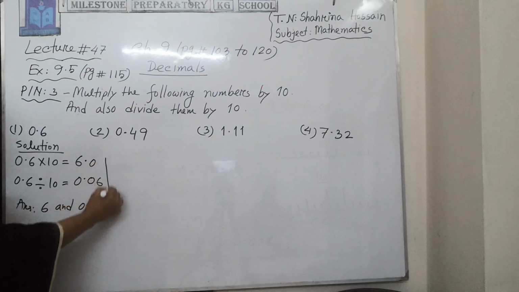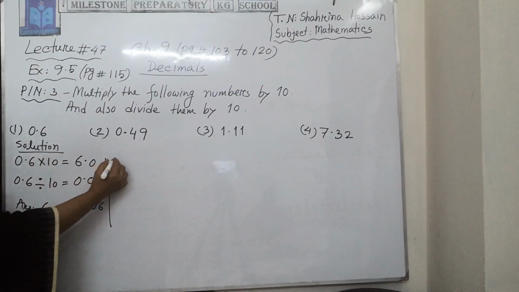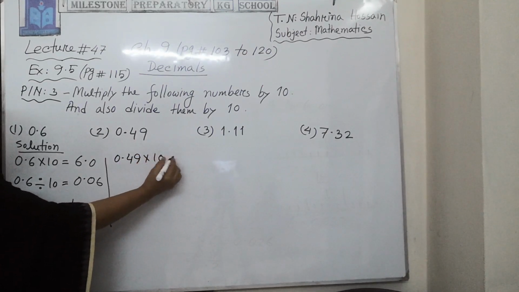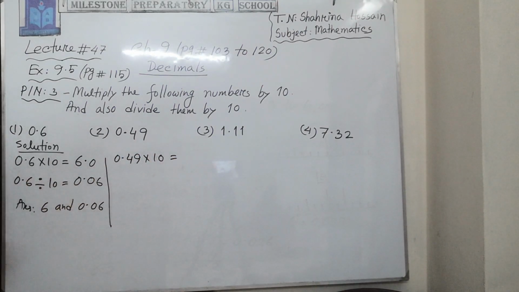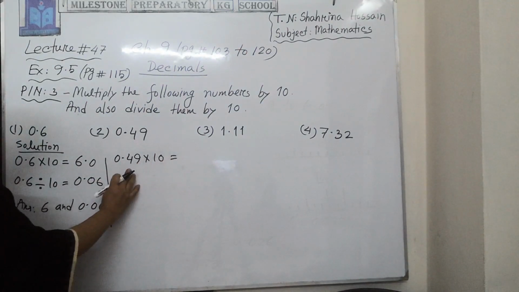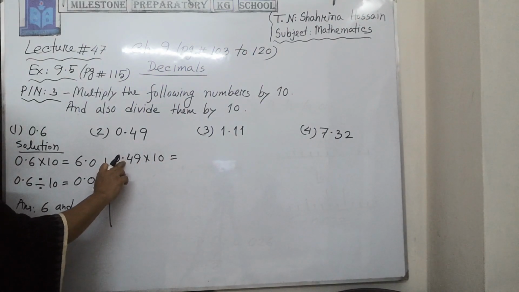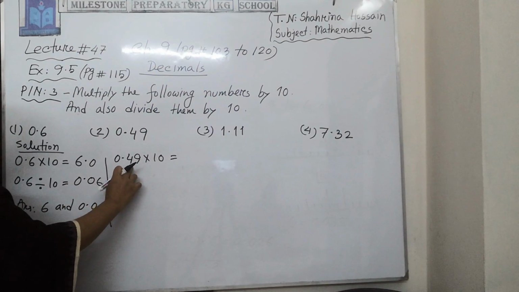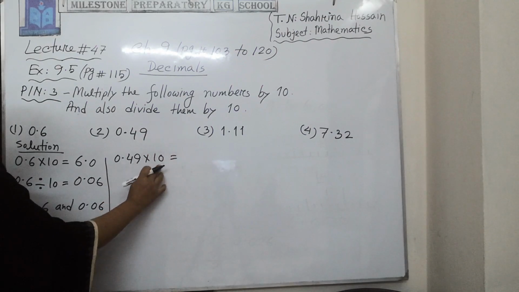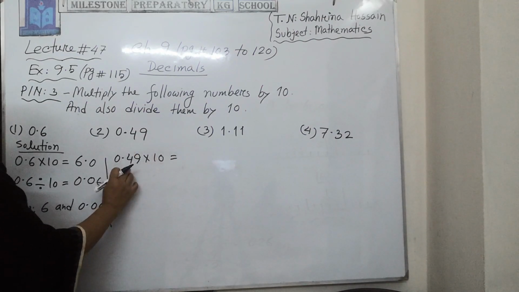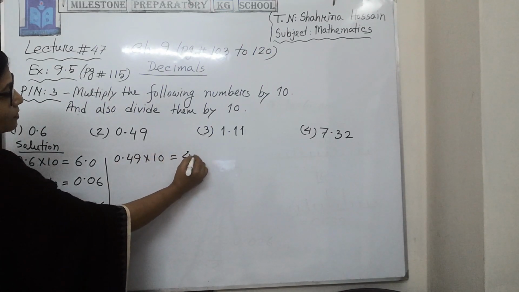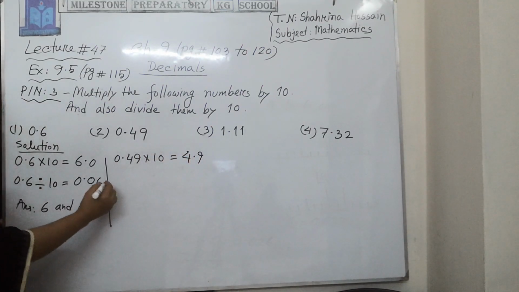Now number 2, 0.49 into 10. So the answer is, again same thing, the decimal position will go one digit after one digit. Here is the 49. So when you multiply with 10, the decimal position will go after 4. That means 4.9.